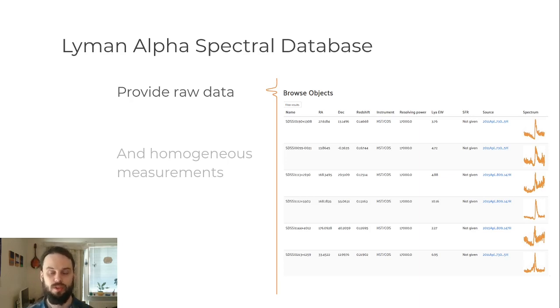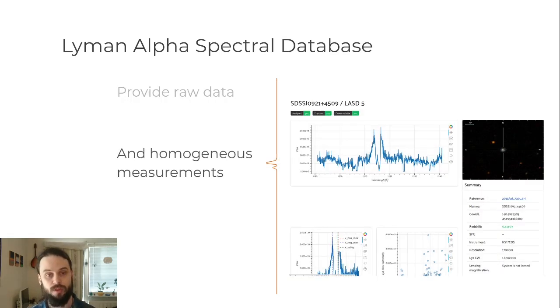So we wanted to provide a place where people can upload their data and compare it to that of other people. And as part of this, we also wanted to provide homogeneous measurements of the properties of these Lyman alpha spectra.